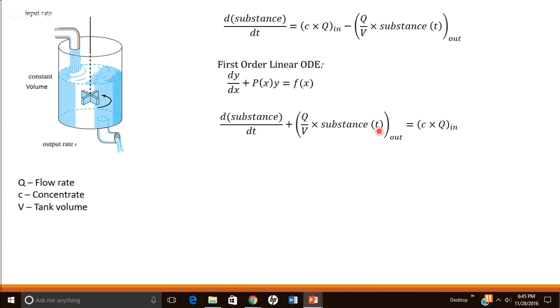All you're doing is looking at the difference between what's in the tank at any given time plus what's going out at any given point in time is equal to what's going in. So basically the amount of salt here plus the amount of salt here is equal to the amount of salt that's coming in here.